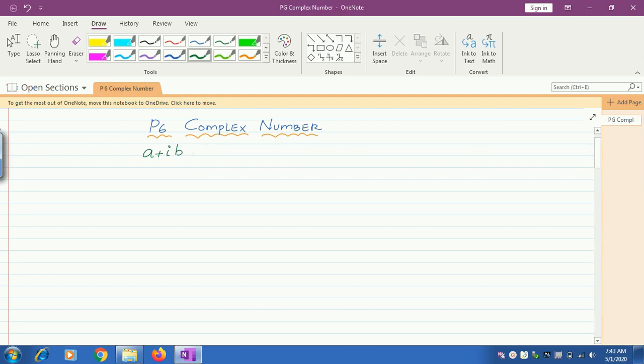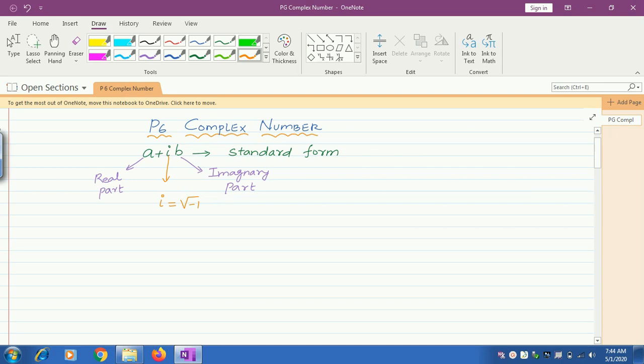This is the standard form of the complex number, where this a we call the real part of the complex number, and b we call the imaginary part of the complex number, and the i stands for imaginary. The value of i is equal to the square root of minus 1.